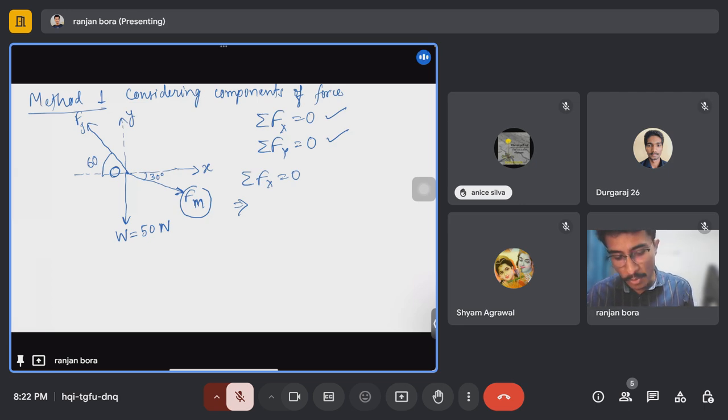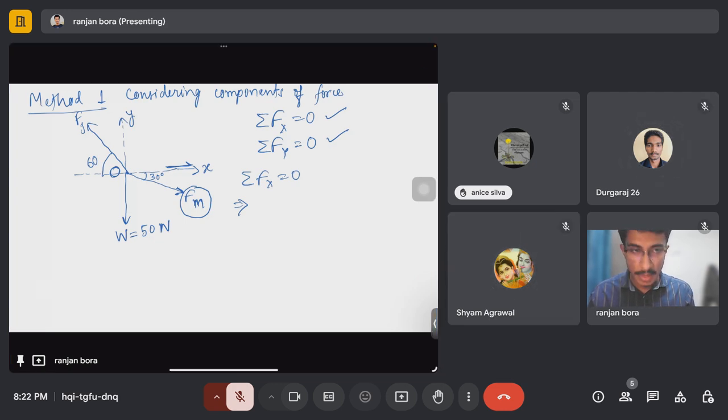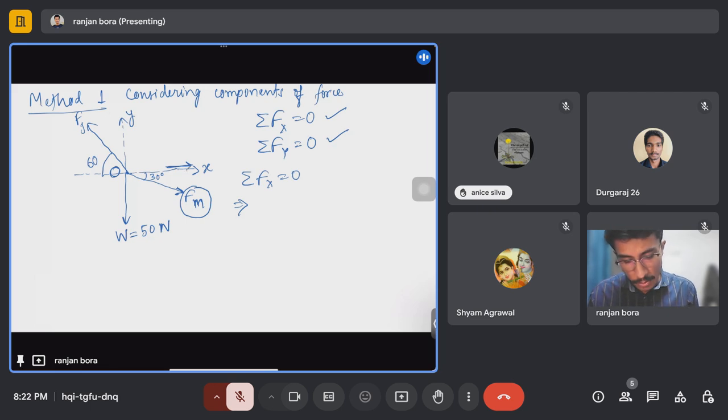What will be the component along this direction x? Fm cos 30. And what will be the component of W along the horizontal, the x direction?